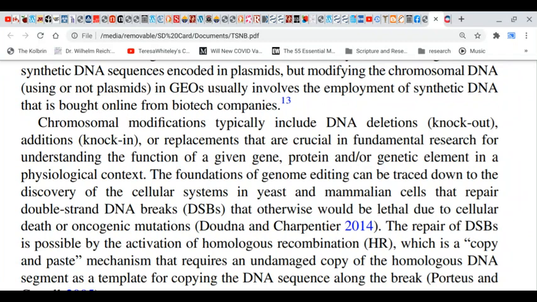The foundations of genome editing can be traced down to the discovery of the cellular systems in yeast and mammalian cells that repair double-stranded DNA breaks, or DSBs, that otherwise would be lethal due to cellular death or oncogenic mutations.